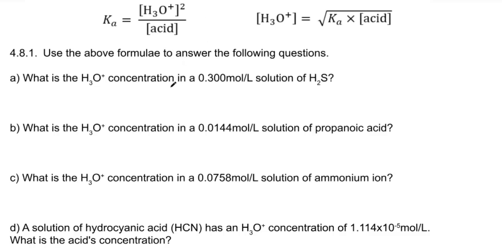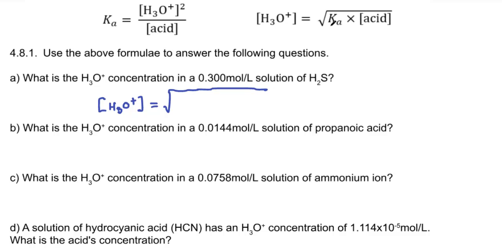So, if we're given something like this, 0.3 moles per liter hydrosulfuric acid, the formula we have here tells us that the H3O concentration for it, if you want to write H plus, that's fine, I usually go H3O, but it varies, equals the square root of Ka, which is the acid constant for hydrosulfuric acid, which you can find in the data book.